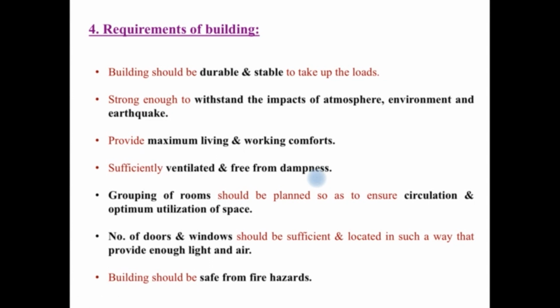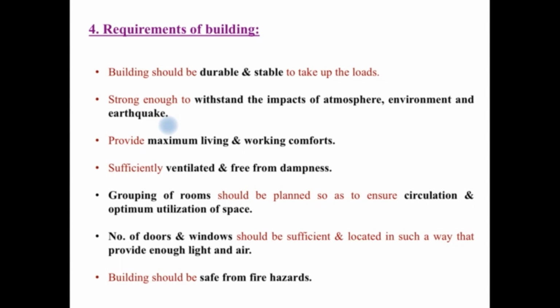Now, the requirements of the building. While considering a building, there are some basic parameters we have to consider: it should be durable and stable, and strong enough to withstand the impact of atmosphere, environment and earthquake. That again depends on the area in which we are going to construct the building.